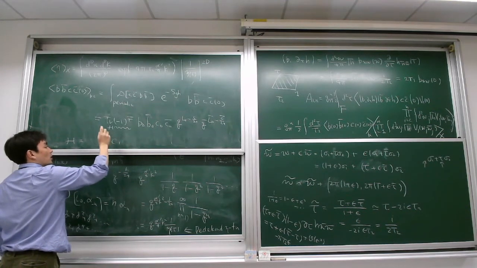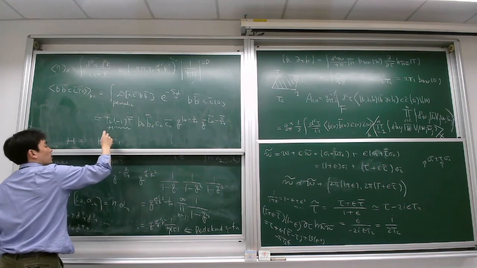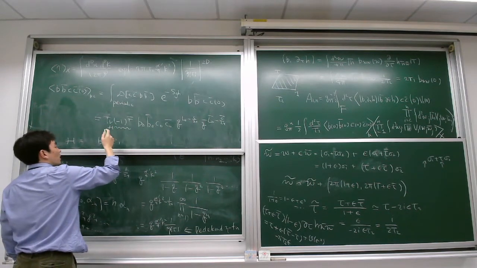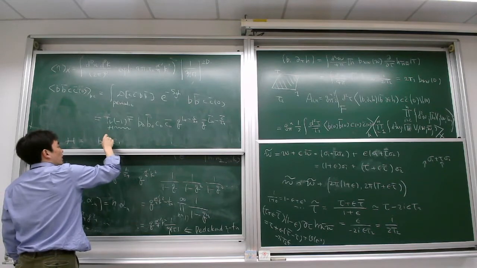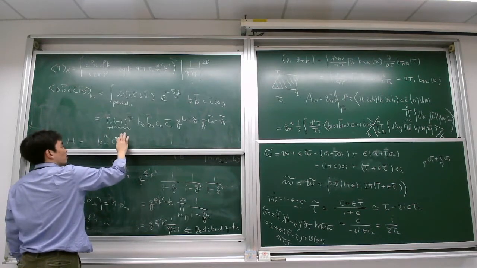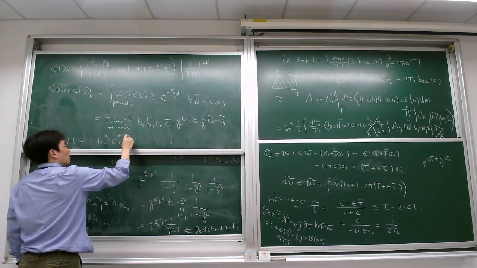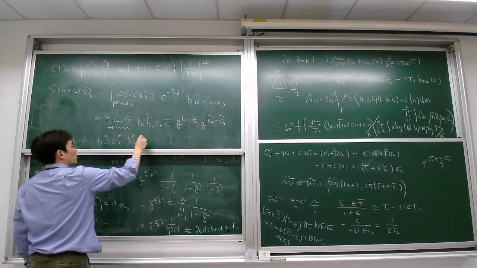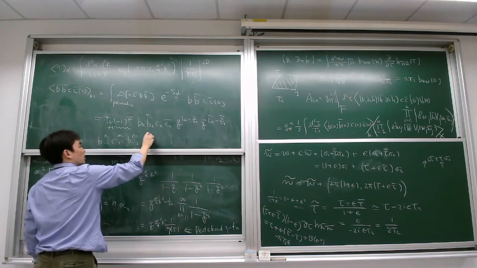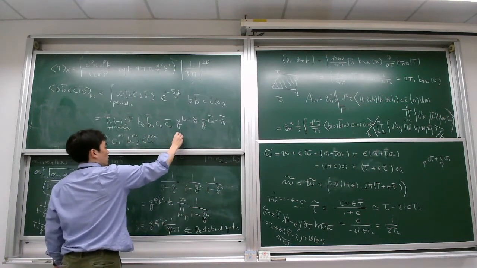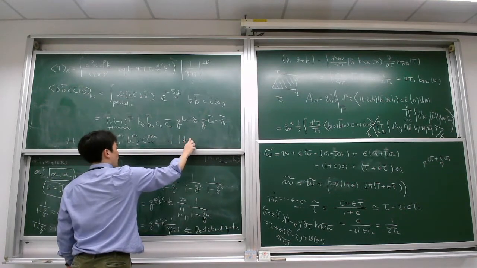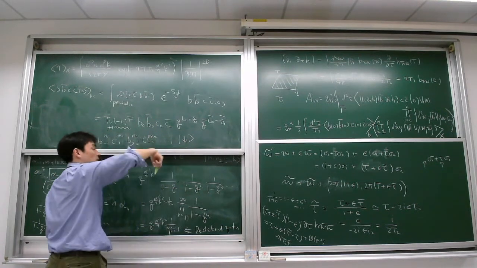C minus 1. Okay. Anyway, N1 and M1, B minus 2, and 2, C minus 2, and 2, and so on, acting on the vacuum state, which is the down spin state.